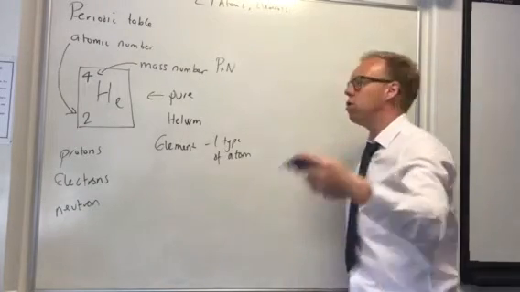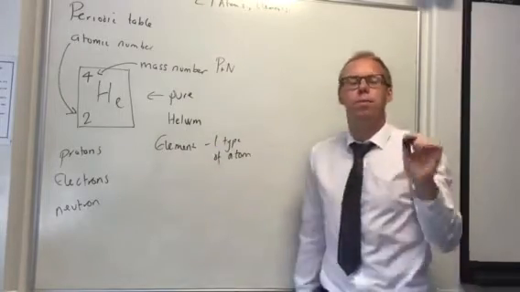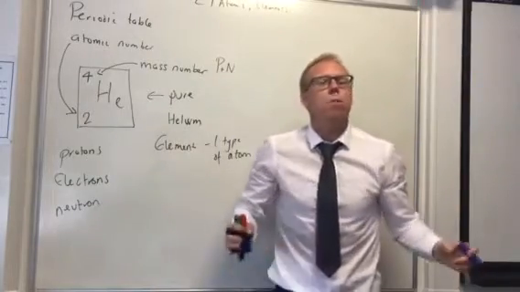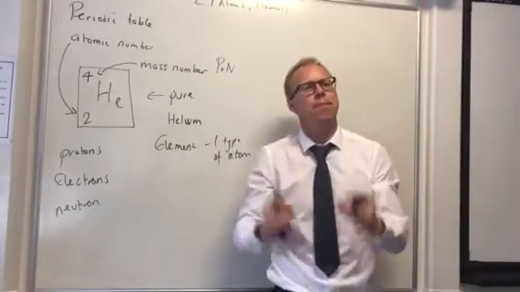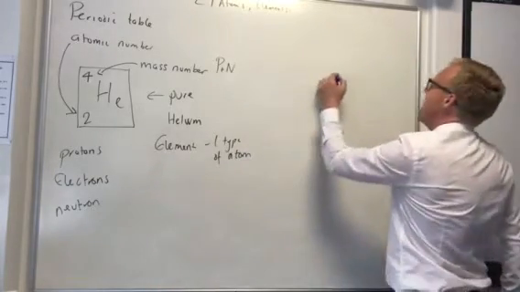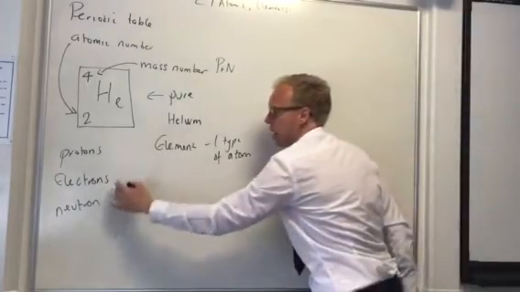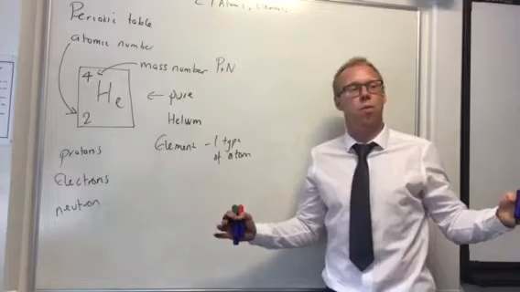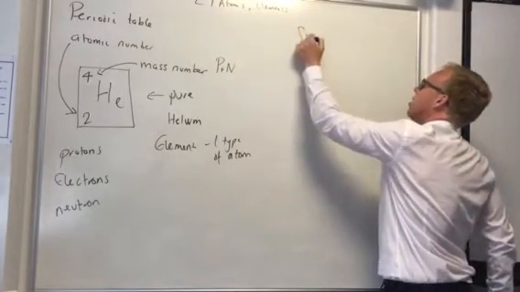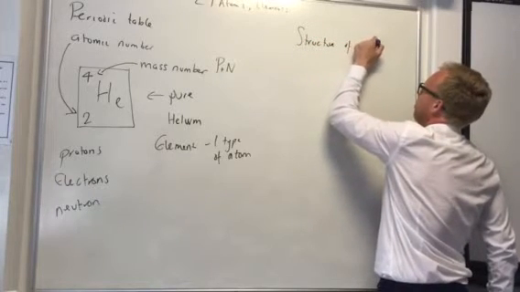Now, I want to draw this element as an atom. But I must have you be aware that if you was to take one balloon filled with helium, it will be full of millions of helium atoms. Now, all your atoms consist of 3 main components, protons, electrons and neutrons, and they're arranged in a certain way, and you need to be aware of that. So we always call this the structure of the atom.